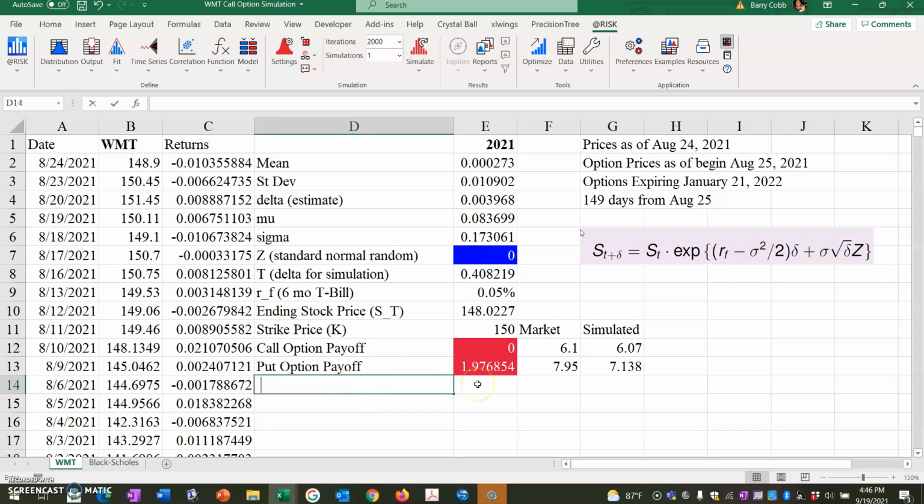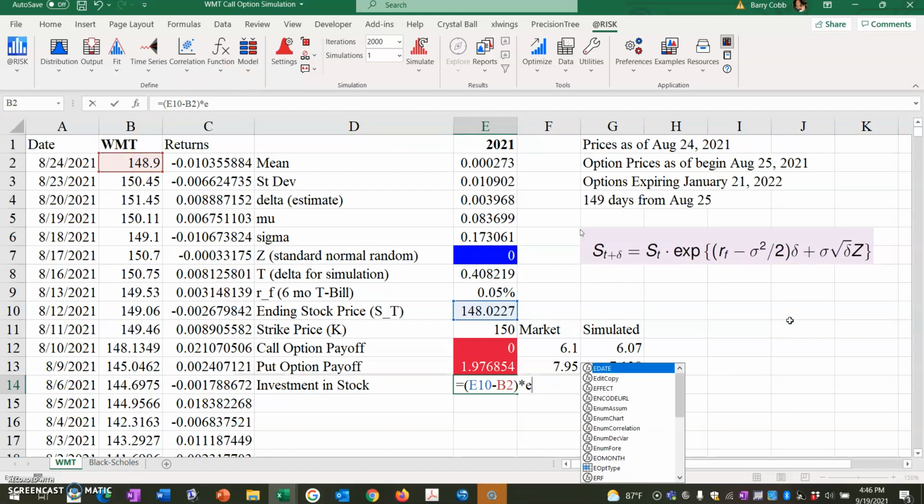So the first thing we'll do is just value an investment in the stock. And so this is pretty simple. An investment in the stock, if we purchased it today, would be valued at the ending price minus the beginning price.